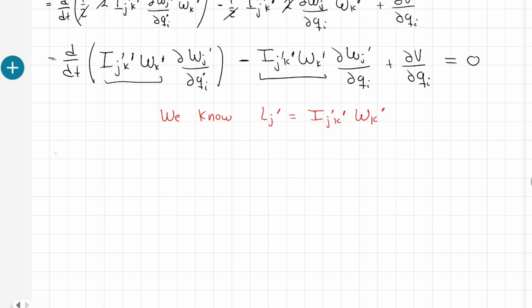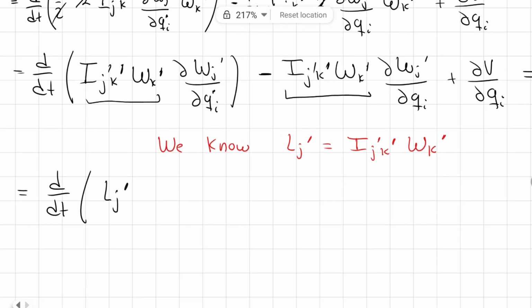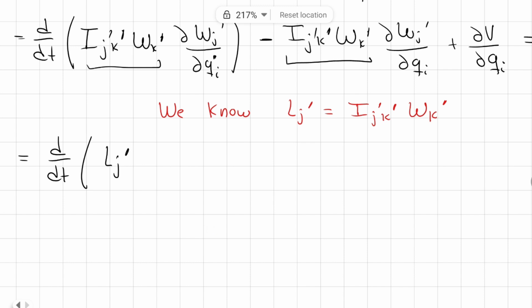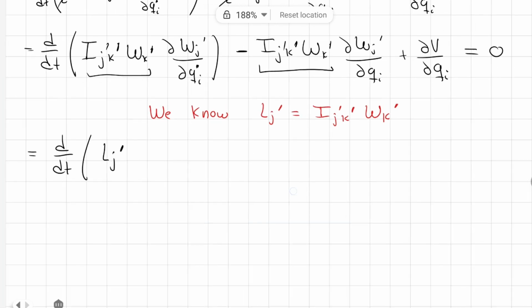So that means that this is equal to the derivative with respect to time of the angular momentum times this derivative of the angular velocity with respect to qi dot. But here's something that we can do. Also remember that we used another expression where we introduced the function m.